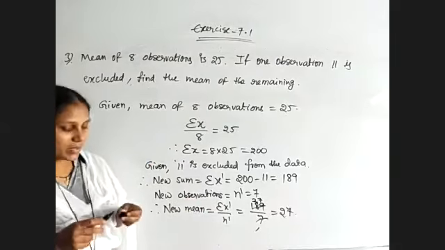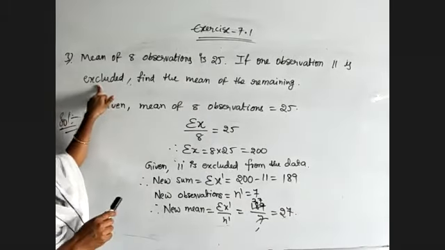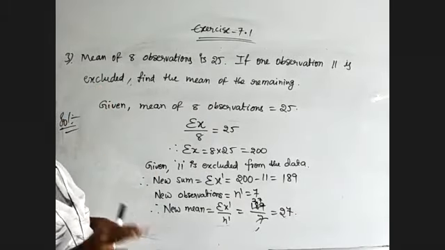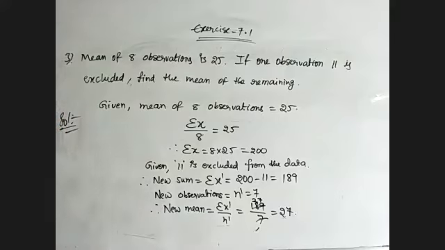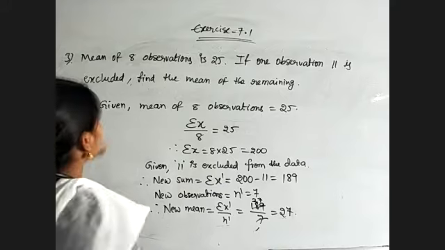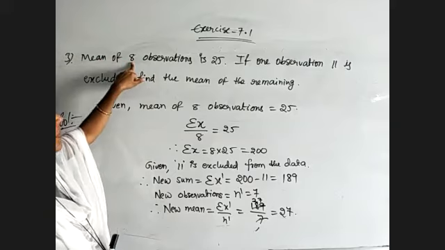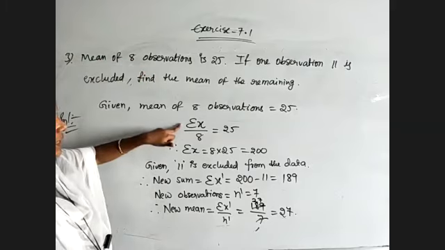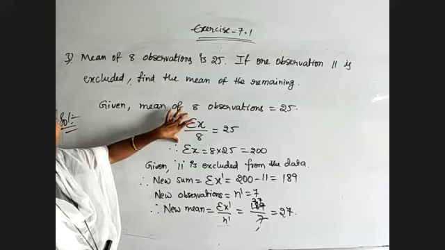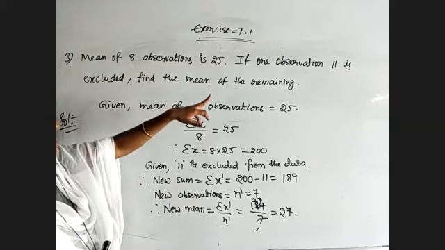Okay. So remember, excluded means removed. Included means added. That's it. So once again observe this question here. Mean of 8 observations. Mean given, number of observations given. The sum of observations we need to find out from the first statement. After getting that, one observation is excluded.